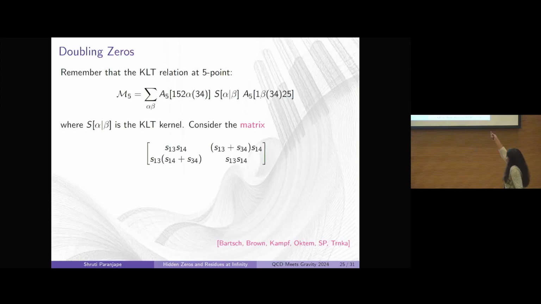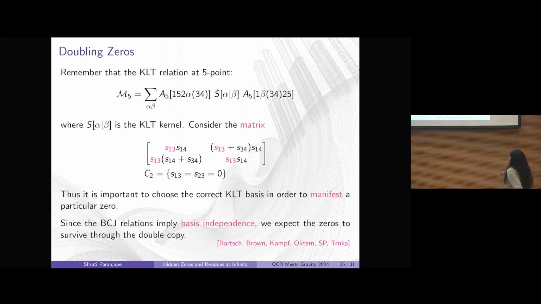So this is the KLT relation at 5-point. And it's the tamest KLT kernel. It just looks like this in this basis. And again, I do what I did with the BCJ relations. I just evaluate on a zero. And it turns out each of these elements vanish. I don't even have to use the fact that the amplitudes vanish. The KLT kernel itself vanishes on this kinematics.